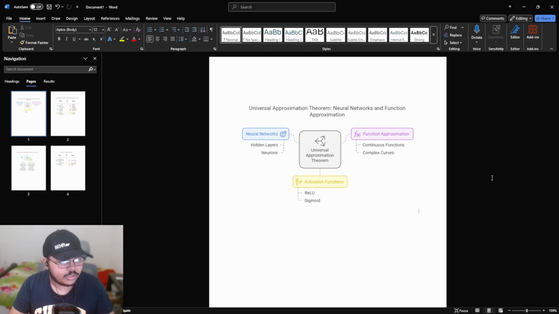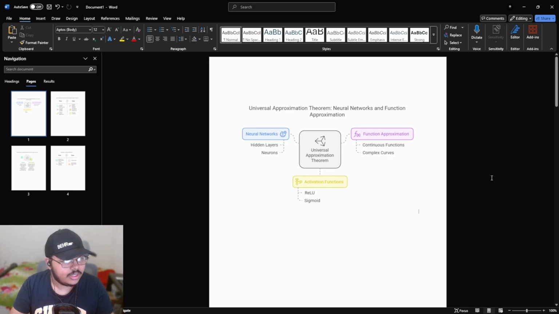The universal approximation theorem is broken into three separate components: neural networks, function approximation, and activation functions. All of these split up into their own portions as well. As we can see, neural networks go into the hidden layers and the neurons.